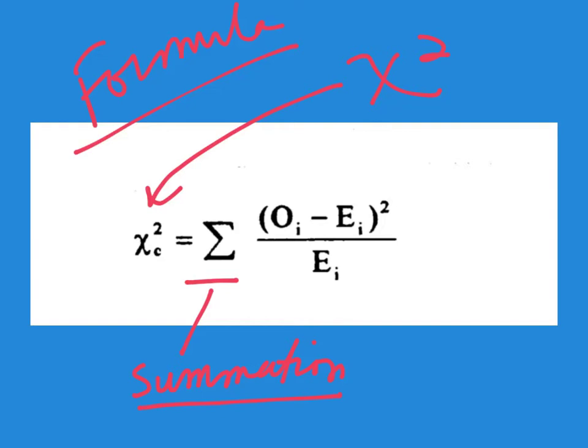It's the summation of our observations, O, minus our expectations, E, squared, and divided by your expectations. So it's your observed value minus your expected value, squared, divided by your expected value. Let's see this in practice.